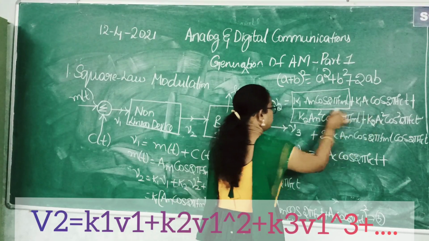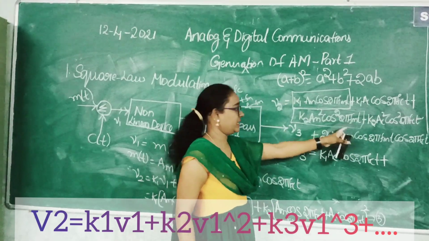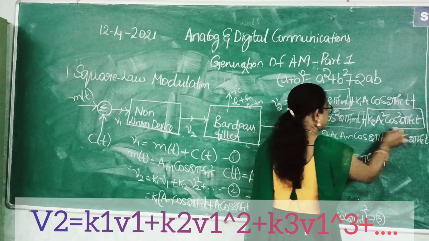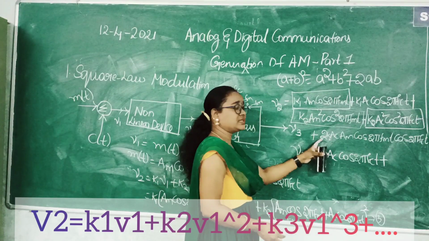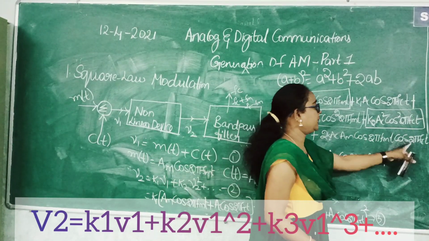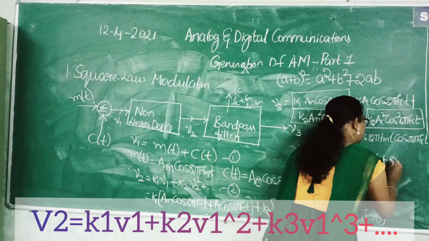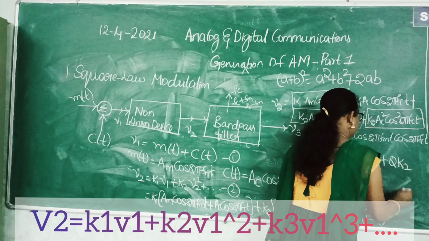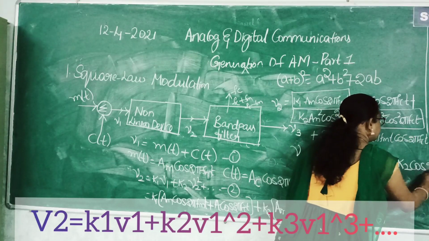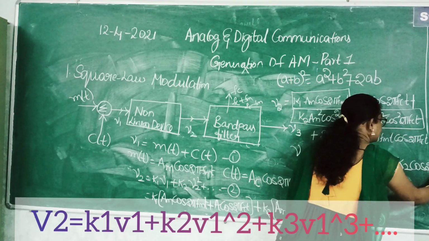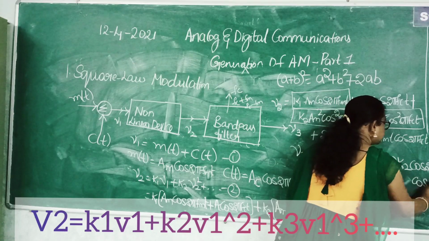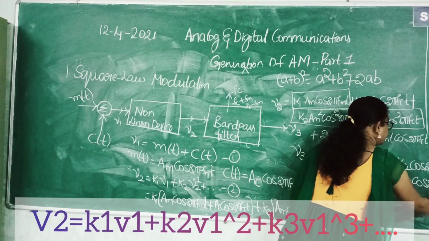This one is filtered because cos 4 pi fm t, and this is also filtered. The last term has 2 pi fm t, 2 pi fc t, okay. So what you are going to get is 2K2 cos 2 pi fm t cos 2 pi fc t.